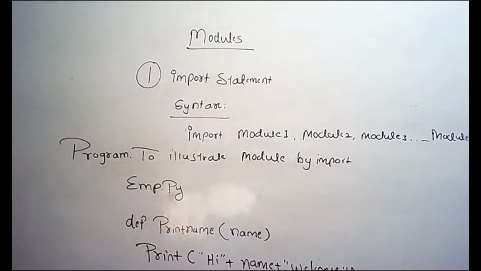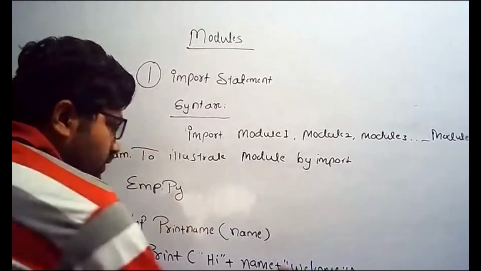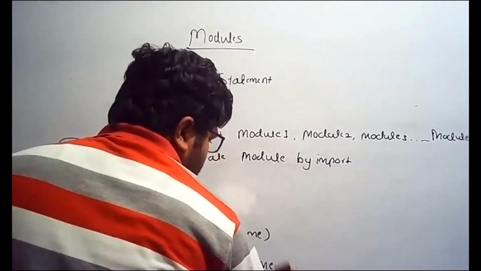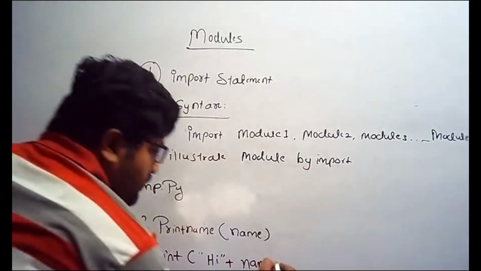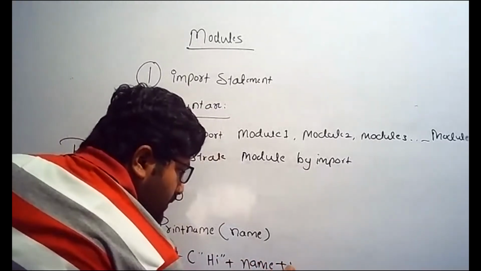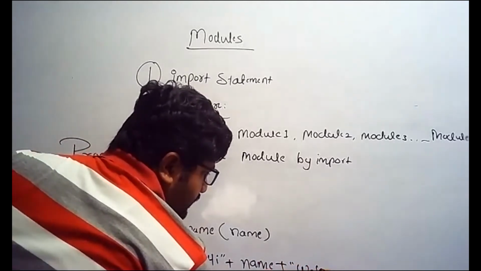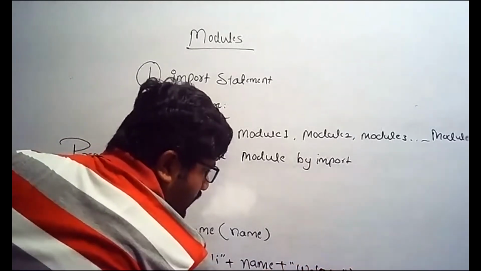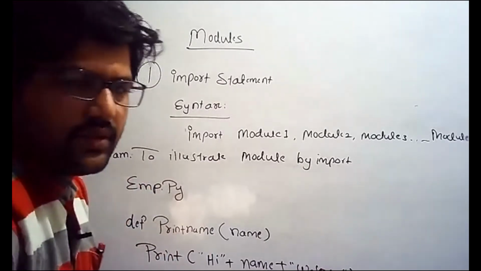Is it visible? I think this one is not visible to you. Up to name it is visible. So plus welcome. Now I think it is not visible because it is cross.